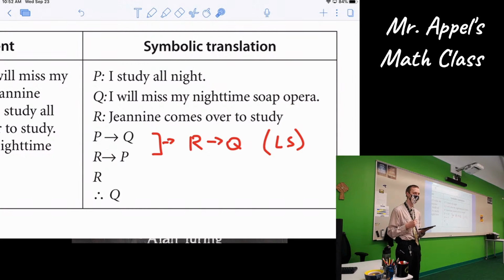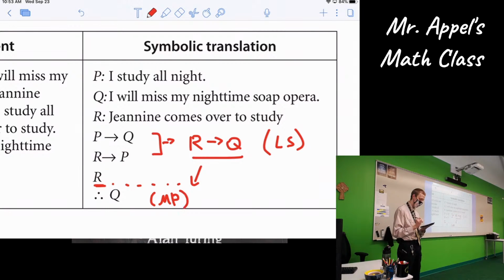Let's put those together. And then, now I have R, and if R then Q. I can put those two together to conclude, therefore, Q, right? And that process was modus ponens, right? You see the two steps we're doing here.